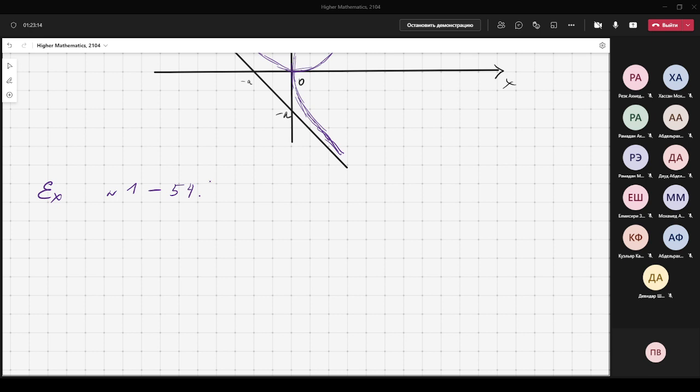This example will be in our examination cards, and in these cards must be the example that we solve in our homeworks in this semester.